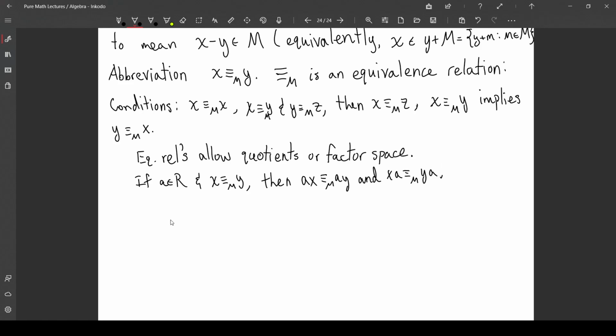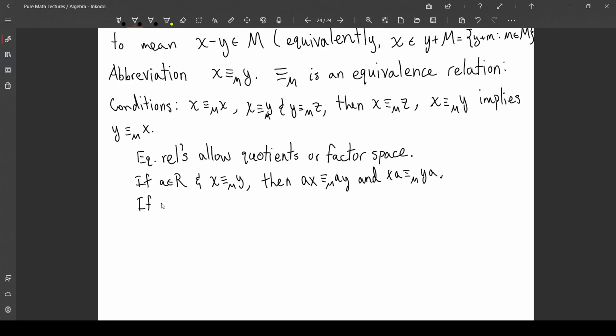This result is true because if x minus y is in M, a two-sided ideal, I can multiply on the left by A, or I can multiply on the right by A. And so those two things give you these two congruences, essentially.